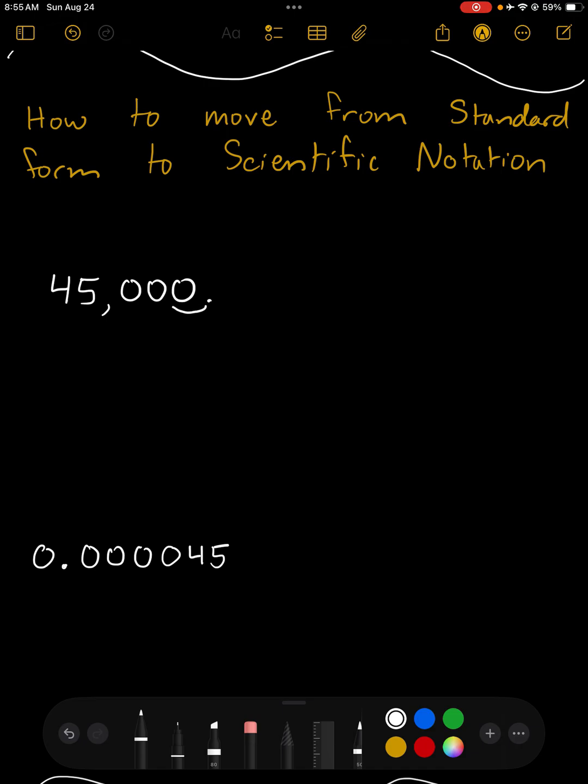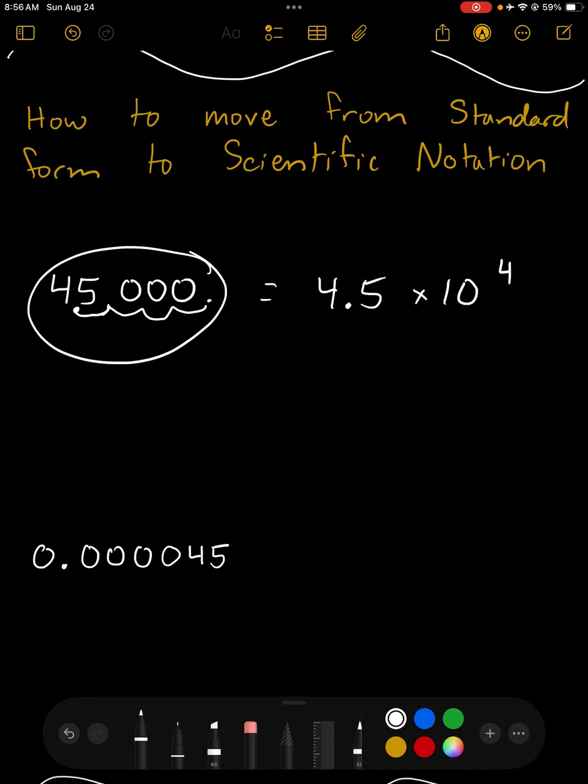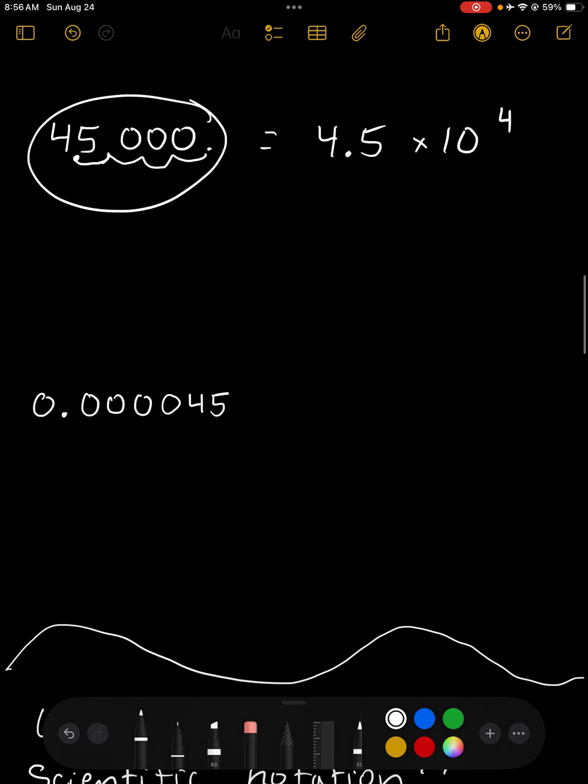I'm going to move it 1, 2, 3, 4 spaces to the left, and I'm going to end up with 4.5. Since I moved that decimal point 4 spaces, that means that my exponent value is 4. I know that it is a positive 4 because this is a large number, so therefore my exponent should be positive.